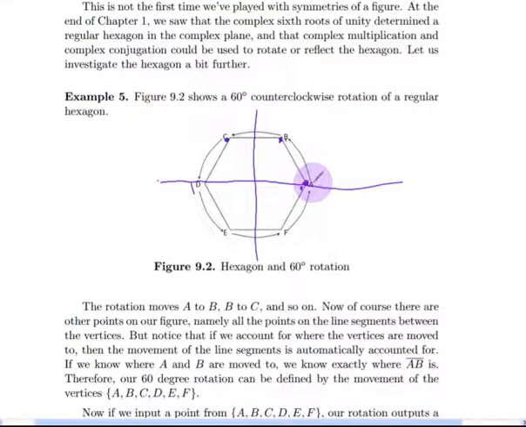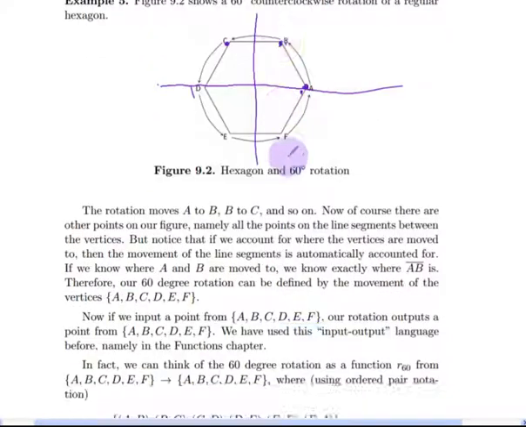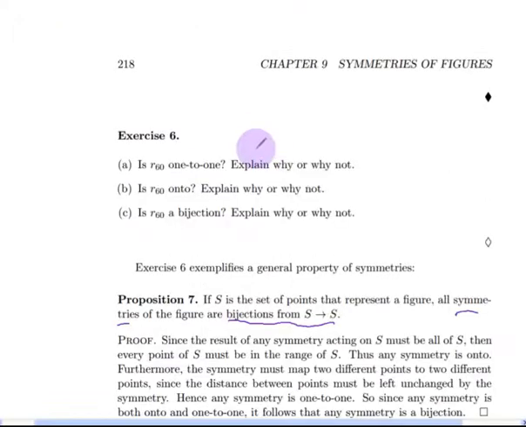So it's onto, because it maps F all the way to itself, and it's one-to-one because two different points are going to map to two different resulting locations because the distance is preserved. If I have a non-zero distance between 2 points, then after the symmetry, that non-zero distance is preserved. So in this way, we get both onto and one-to-one for our mapping.